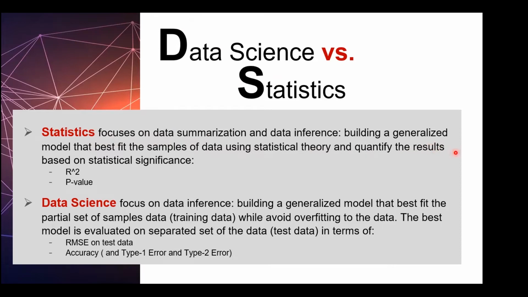Based on statistical theory, you can quantify the result by using statistical significance or a confidence interval, using a measurement like R-square or p-value. Then if the research found that the R-square value is very high or the p-value very low, you can be confident that our assumption is true.